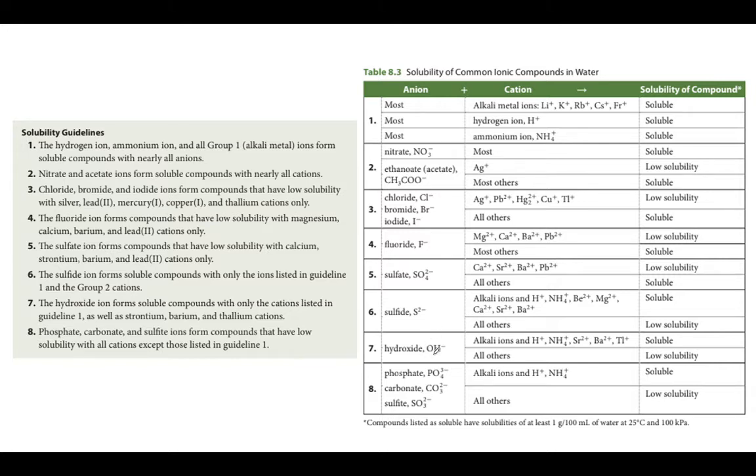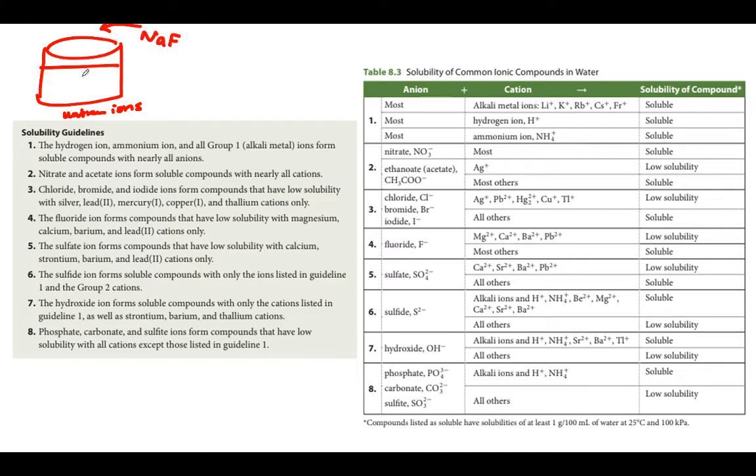Say I have a mixture with a bunch of different unknown ions mixed in there, and I introduce fluoride in the form of a compound, NaF.